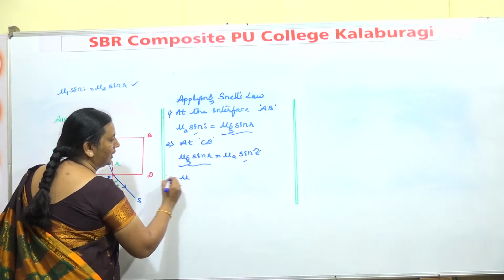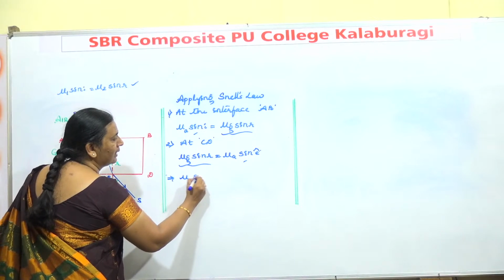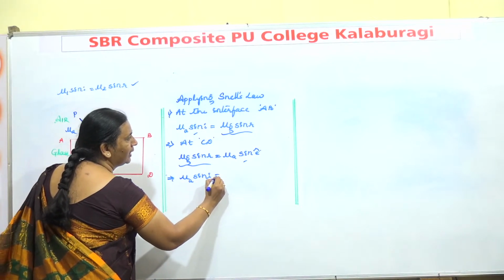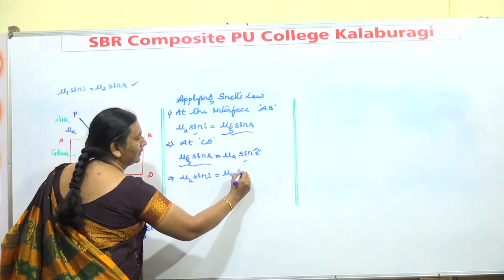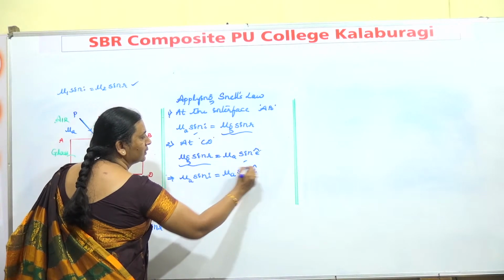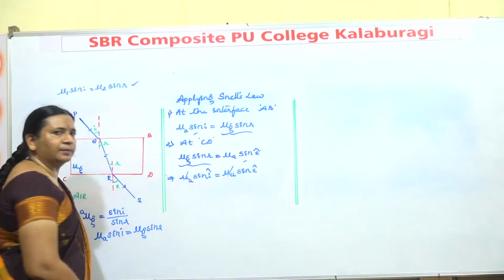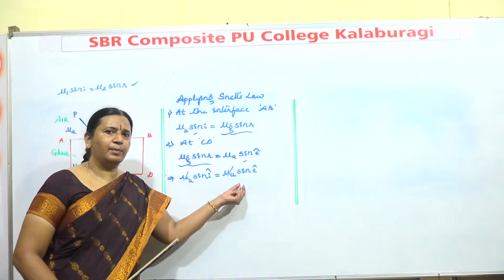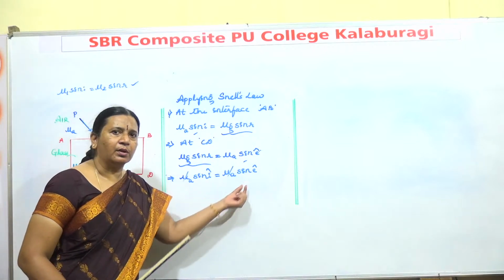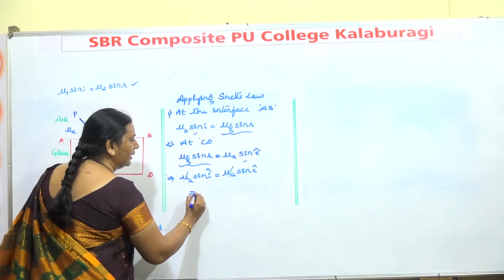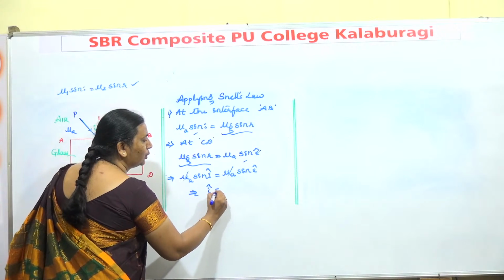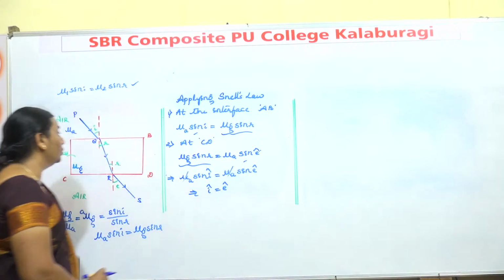So mu A sin i will be equal to mu A sin e. Mu A got cancelled. Sin i equals sin e. Both functions are the same, then i should be equal to e. So this implies angle i is equal to angle of emergence. So do remember.